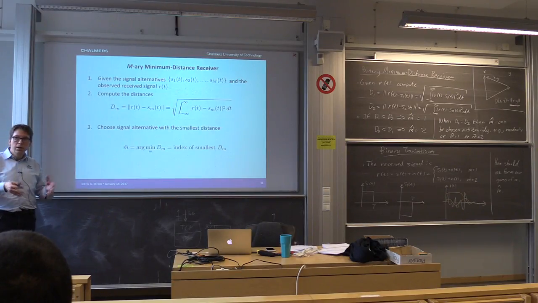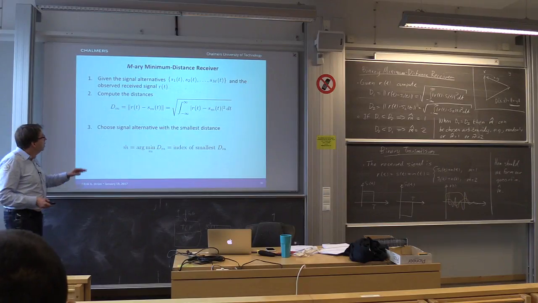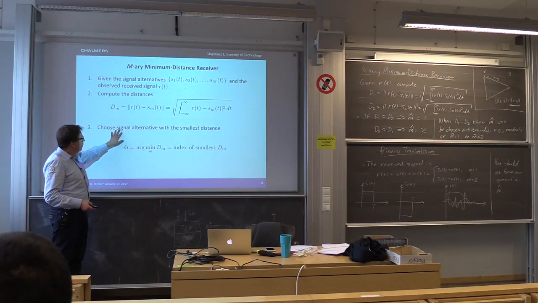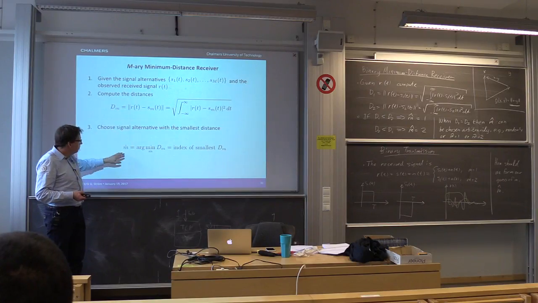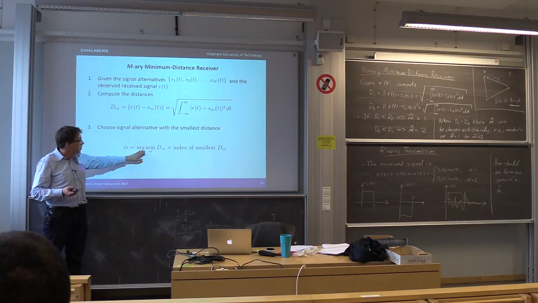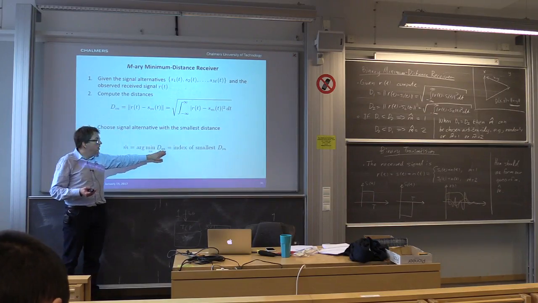We calculate the distance to all our choices, d sub m for all m, and then pick the signal alternative which is closest, which has the lowest value. In math, it means that we pick m hat as the argmin of dm.